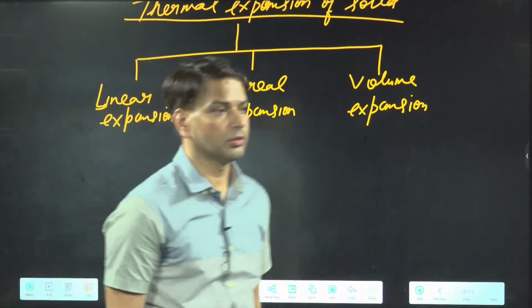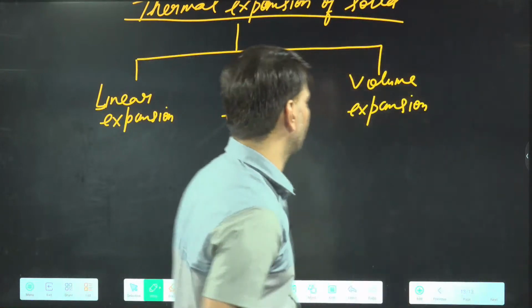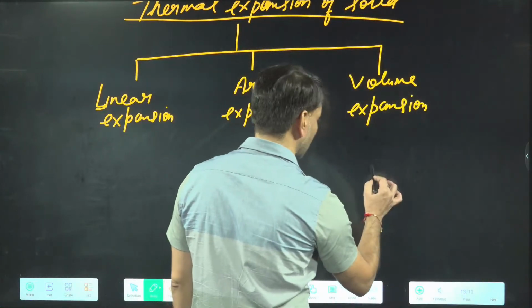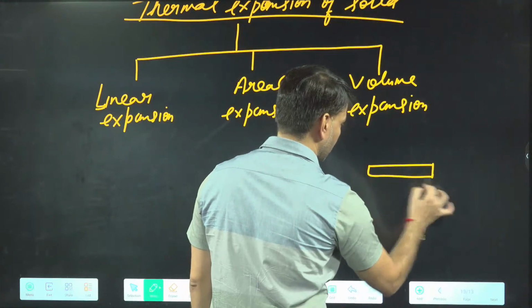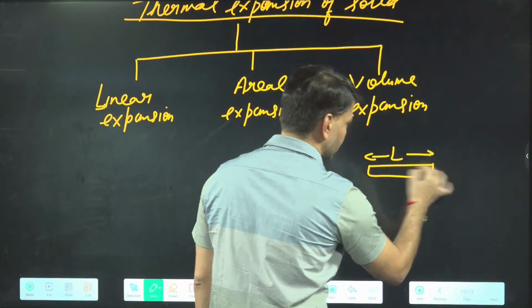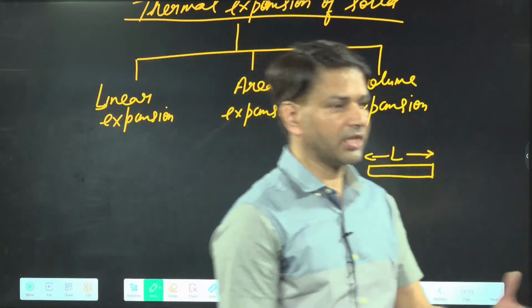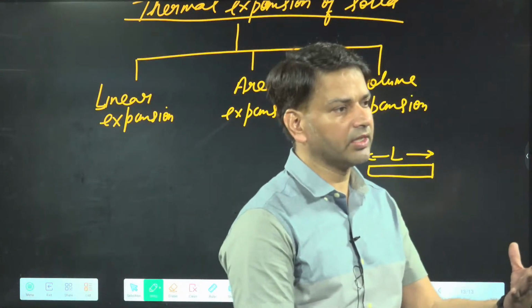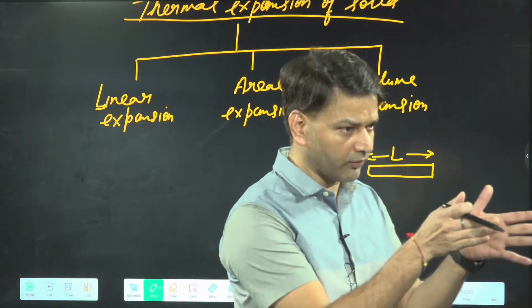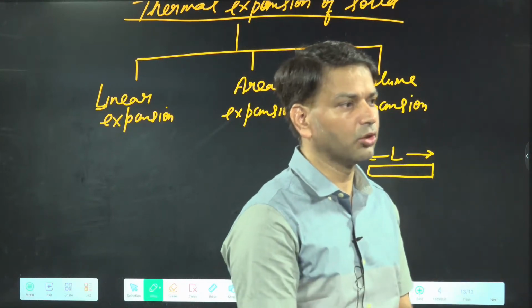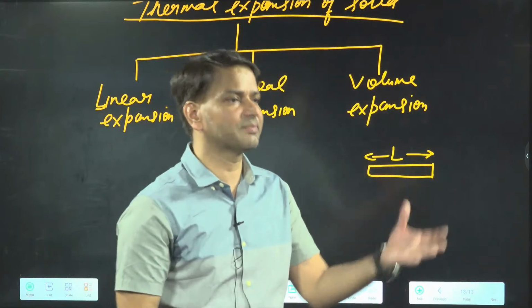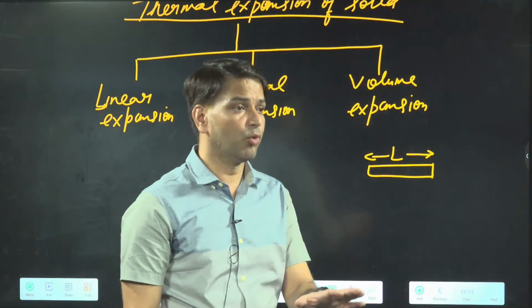So you will get the expansion. Suppose I have any rod. Its original length is L. If I increase the temperature, the more the temperature I increase, the more the rod will expand. Yes or no? Less temperature increase, less expansion. More temperature increase, more expansion.